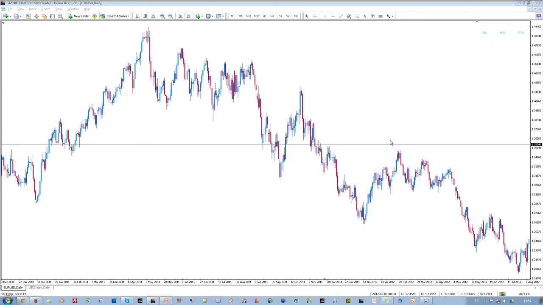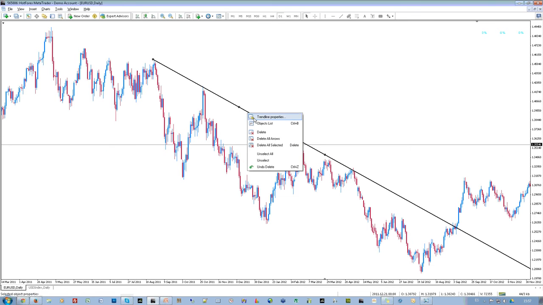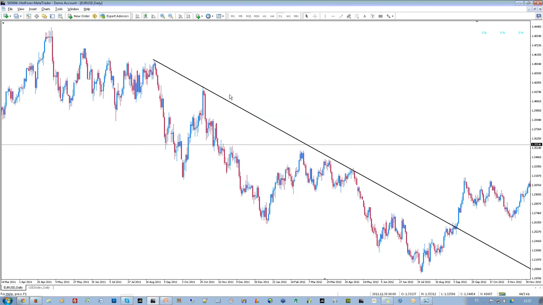On the daily, in this case, we also have a downtrend, as you can see over here. And look how it is respected, to the pip. So it happens that we have the same trend, but there will be many times where on the daily we have a downtrend, and on the 4-hour we have an uptrend.